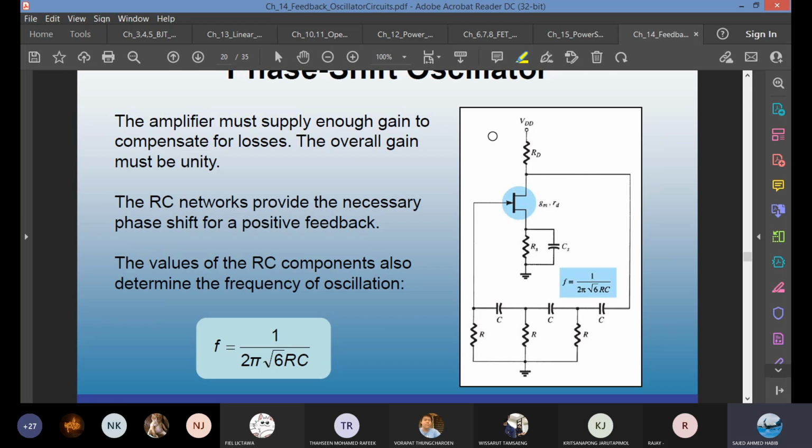I'm trying to test your concept. Can you repeat the question? In this circuit, the overall feedback, is it positive or negative feedback? The overall feedback. They're positive. Can you tell me the reason for that? Your answer is right.